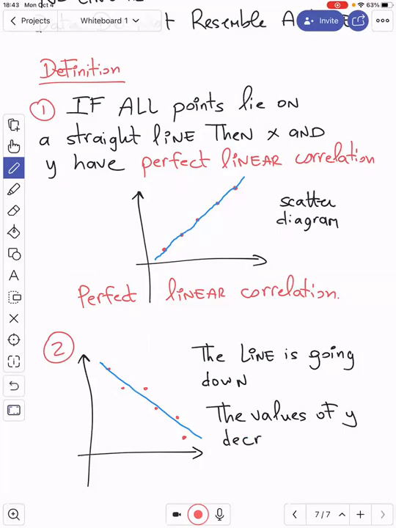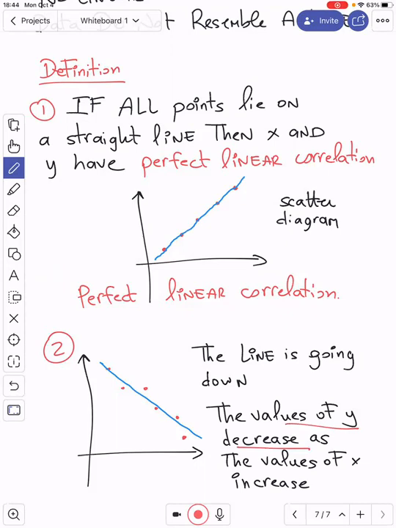The idea here is that the values of Y are decreasing, because your line is just going down, okay?